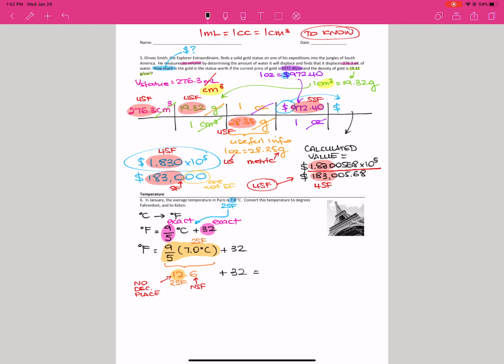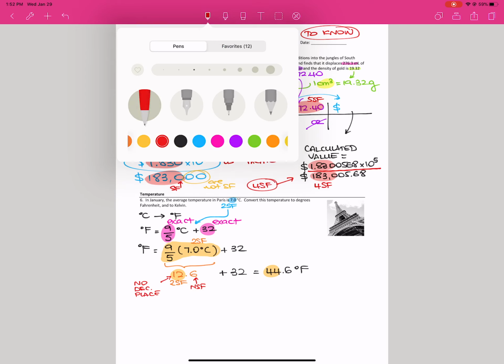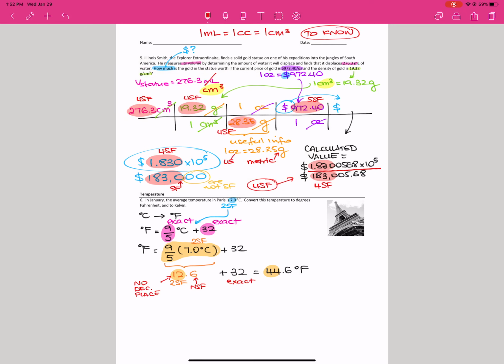The calculator answer is 44.6 degrees Fahrenheit. But because there's no decimal place here and because that number is exact, so it has an infinite number of decimal places, my answer will be given to no decimal place. So I'm going to give my answer to no decimal place as, dropping a 6, rounding up, 45 degrees Fahrenheit.